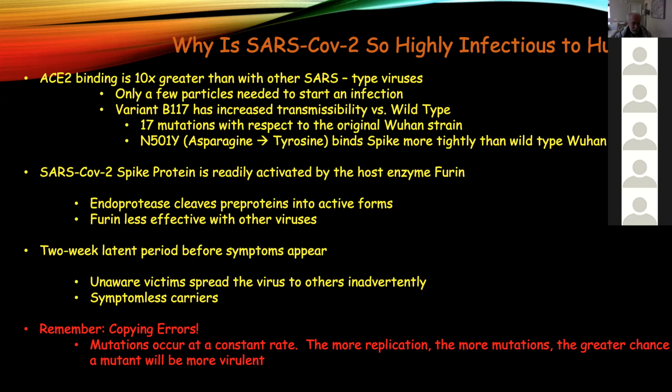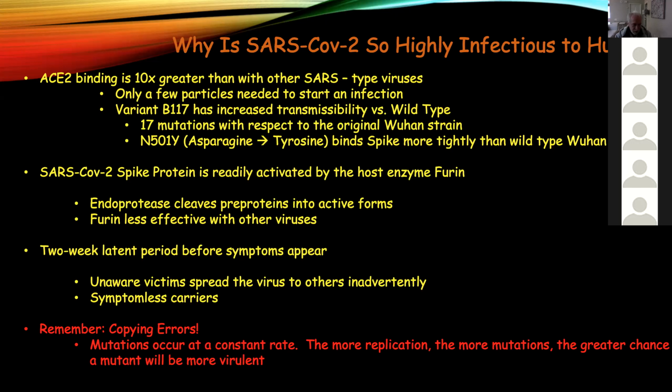On the second point, there's a host enzyme, a human enzyme called furin that's needed to activate the spike protein. And spike is more readily activated by furin than most SARS viruses.